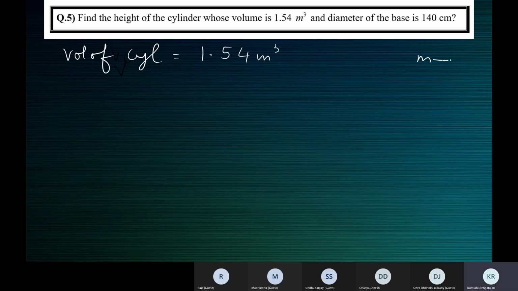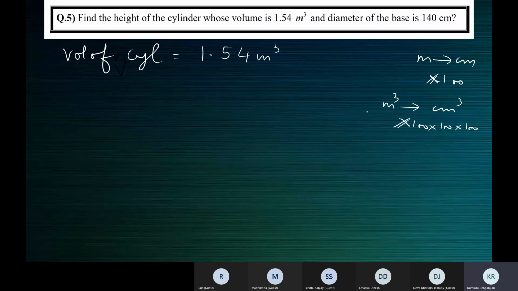Multiply by 100, ma'am. So meter cubed to centimeter cube, do it 3 times: into 100, into 100, into 100. Meter to centimeter, multiply by 100. Meter cube to centimeter cube, do the same action 3 times.